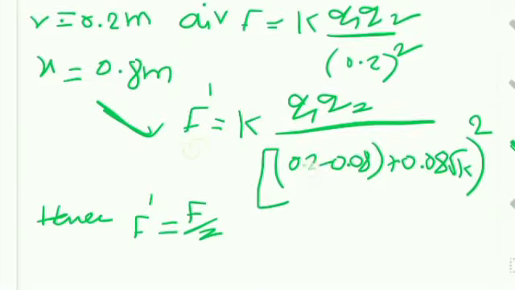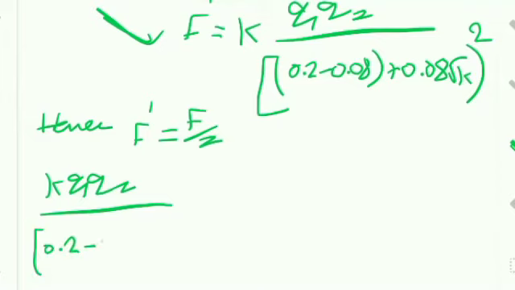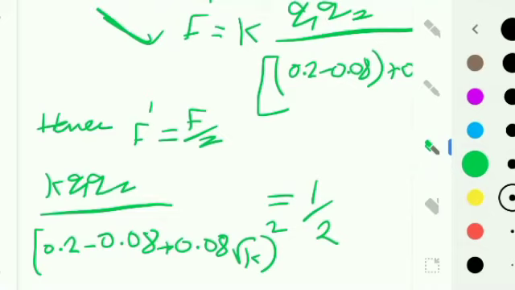Now F dash means K Q1 Q2 by (0.2 minus 0.08 plus 0.08 under root K) whole square is equal to half of this one.